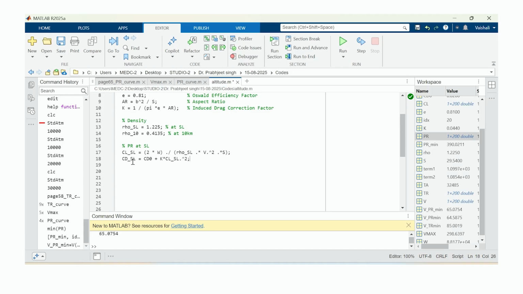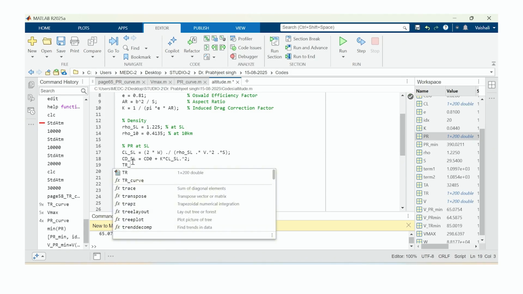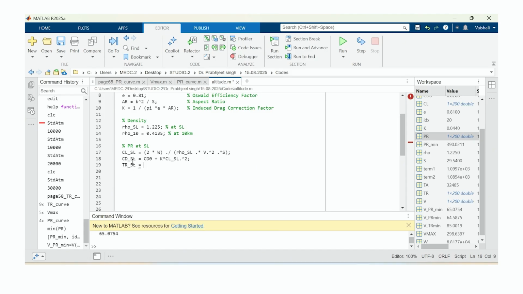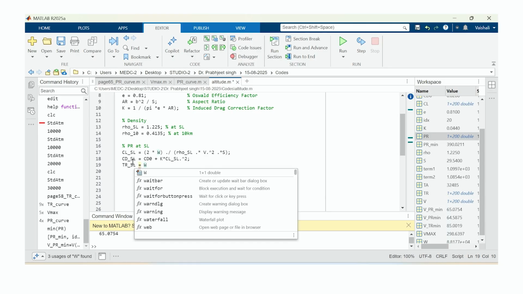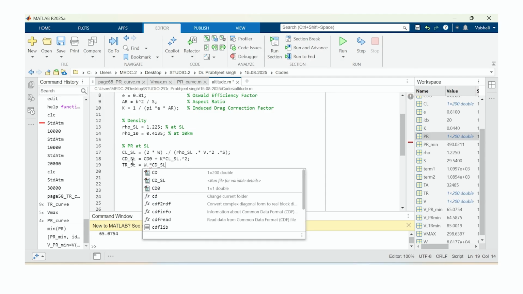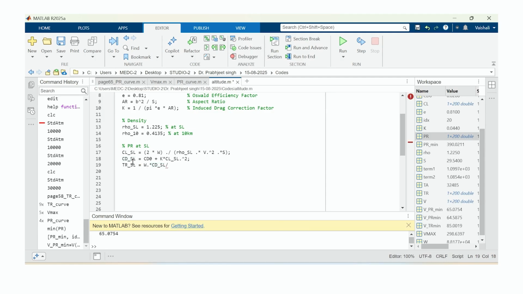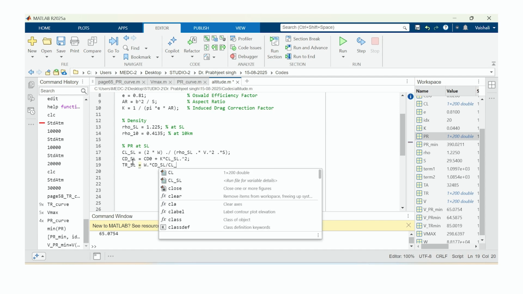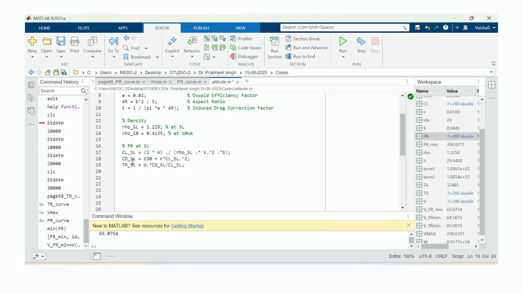Next, thrust required at sea level equals W dot into CD_SL by CL_SL. Now we have thrust required at sea level.